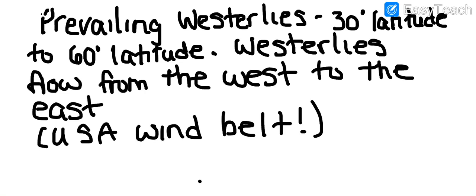All right, so we've talked about doldrums. Then came north and southeast trade winds. Moving out a little further came prevailing westerlies. And now on to the last one, which is our polar easterlies.